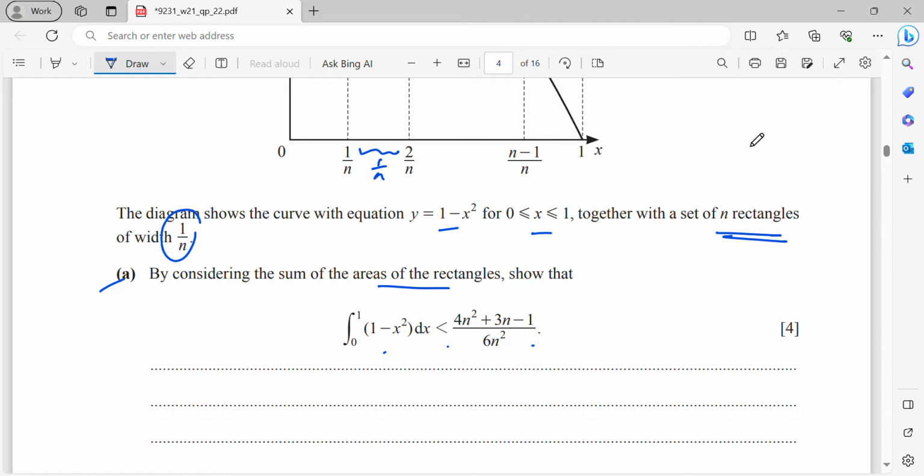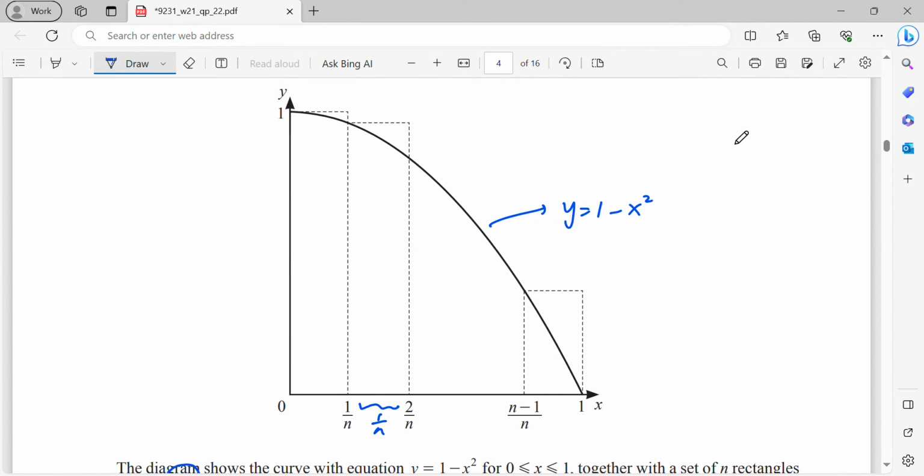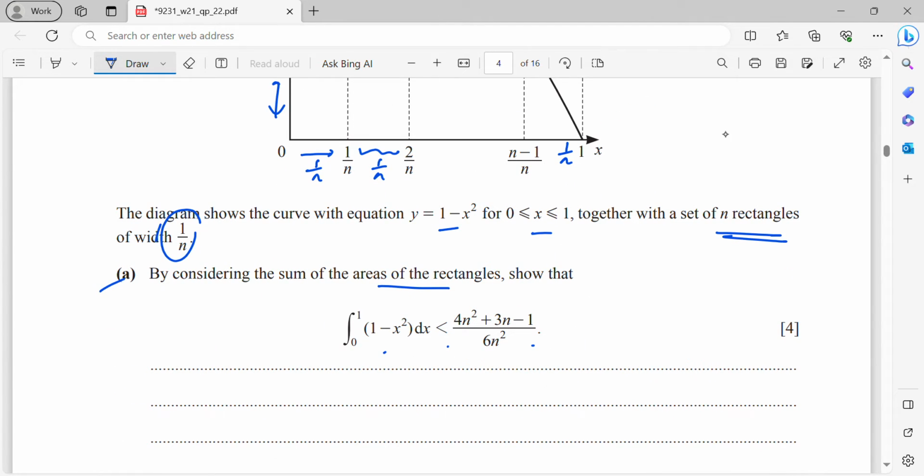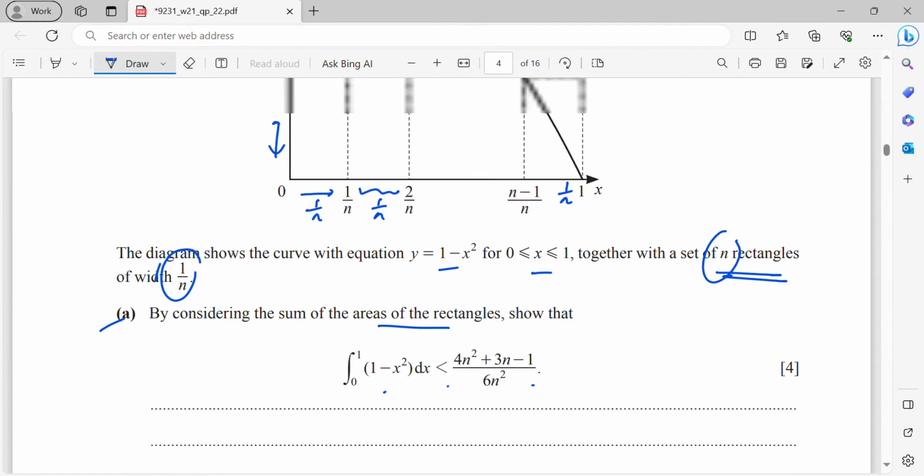Now, for your information, when you look at the rectangles here, we know that the area of a rectangle is the base times height. All the bases will be 1 over n, because it's mentioned the width is 1 over n here, and there are n rectangles.